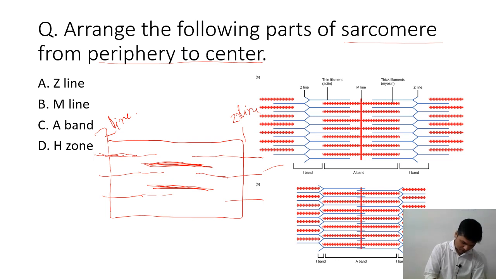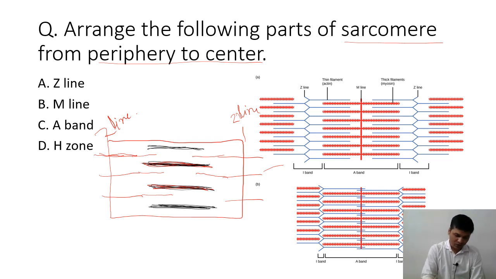Let me draw with some other color. Suppose this is myosin, this is myosin, this is myosin. Here, in the center, is what is called the M line. This one is the Z line, and this one is also a Z line. This is the M line.